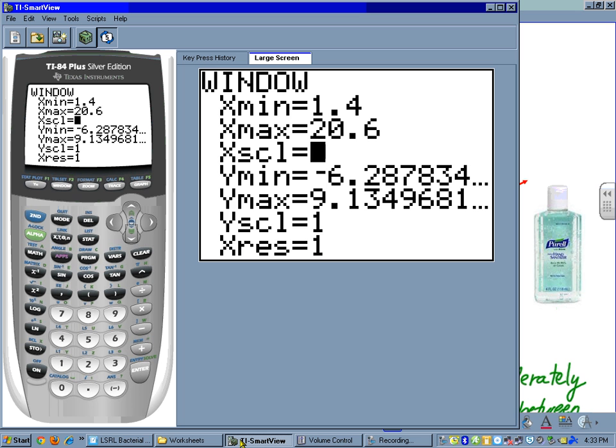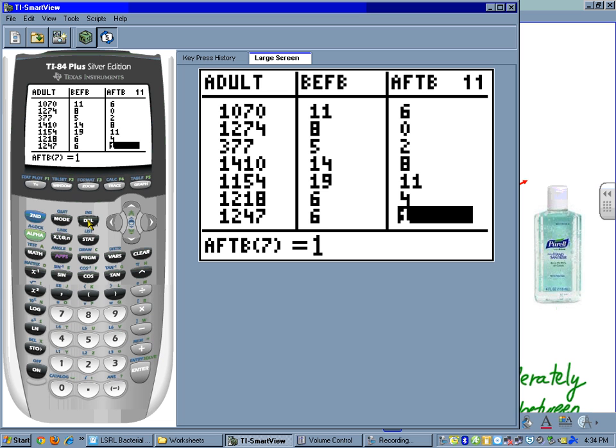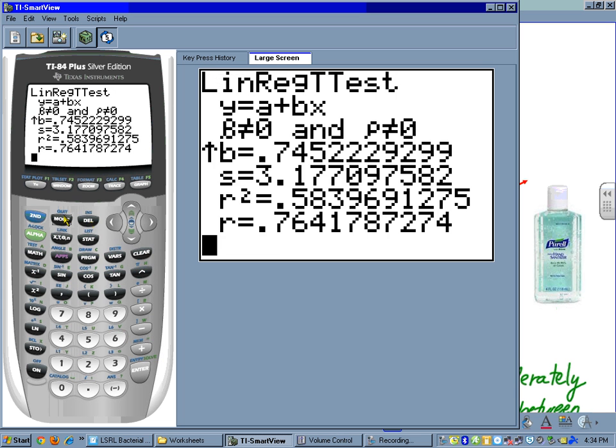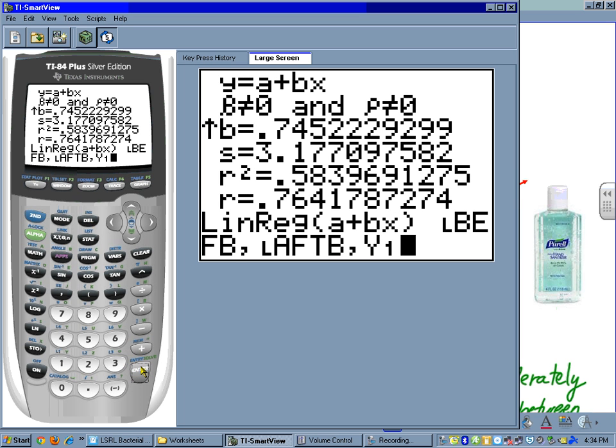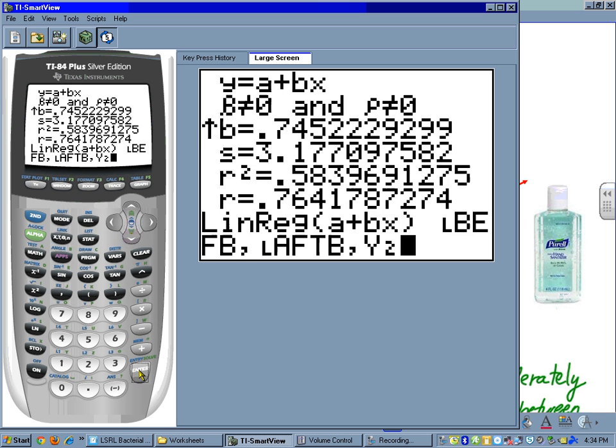So I'm going to use my stat edit, and I'm going to take that one out, which is right here. I'm going to delete the 10 and delete the 13. And I'm going to rerun my linreg. I'm going to put that equation in Y2, just so I can show you at the end what effect it did or did not have on the least squares regression line.